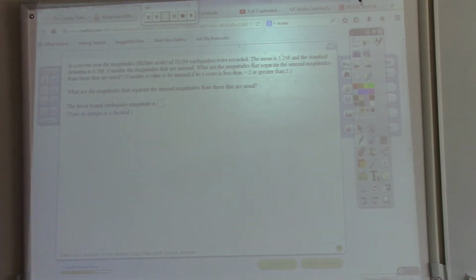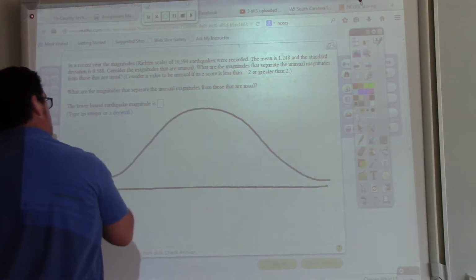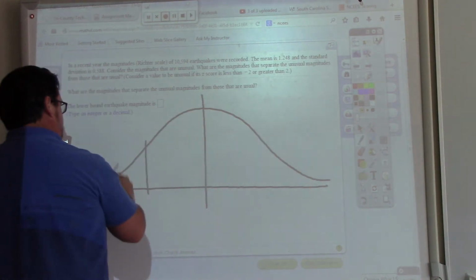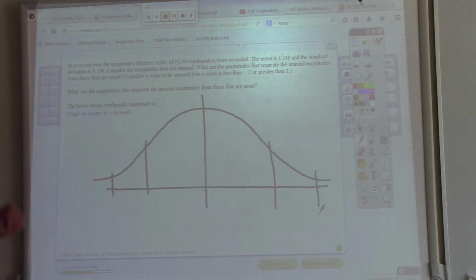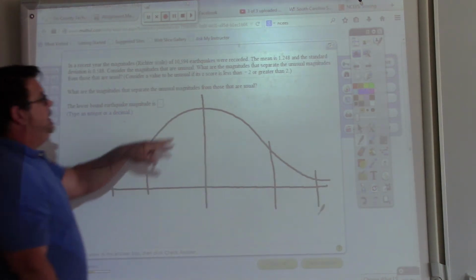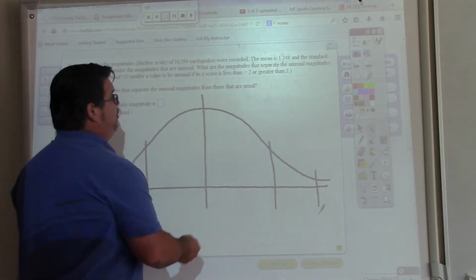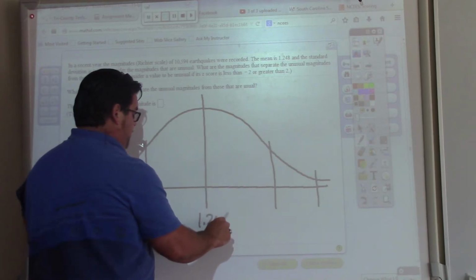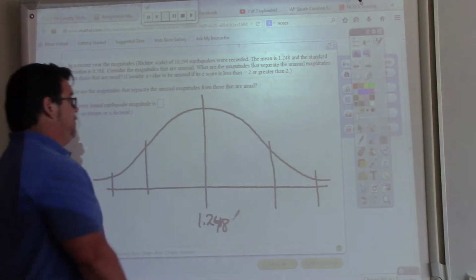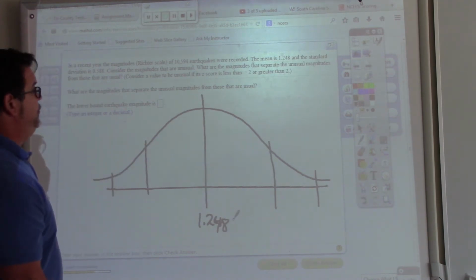Take your handy dandy stylus and draw a normal distribution. 2 standard deviations to the right, 2 to the left. The mean is what? 1.248. If you wanted to say 1.25, you could, but you better keep it because this is going to want it to a certain decimal, so you better do 1.248.